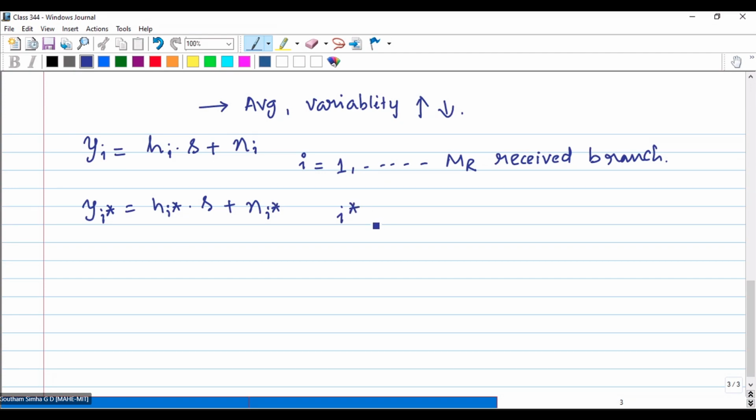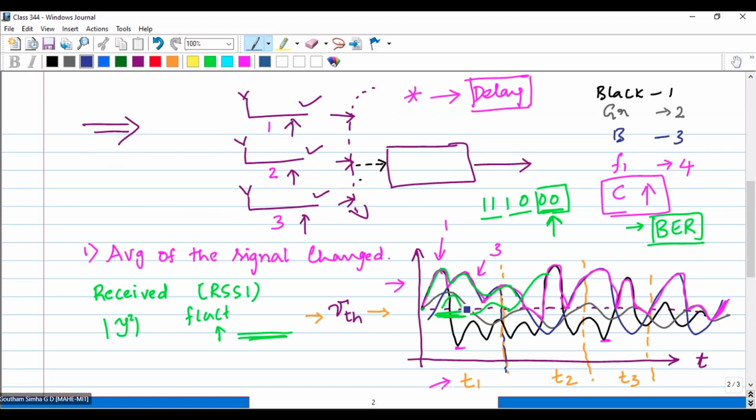Now what is this i conjugate? i conjugate is equal to argument max of this mod h_i square. What do you mean by that? You mean the argument which maximizes this h_i square over all the branches. Now come back to this figure.